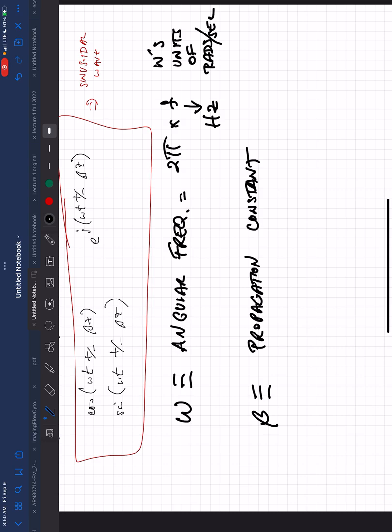Why? Because a cosine wave repeats itself, so people like to talk in terms of how long it takes to get from a peak through zeros and pi's and 2 pi's, as opposed to hertz. It's a more general result. You guys good with that?